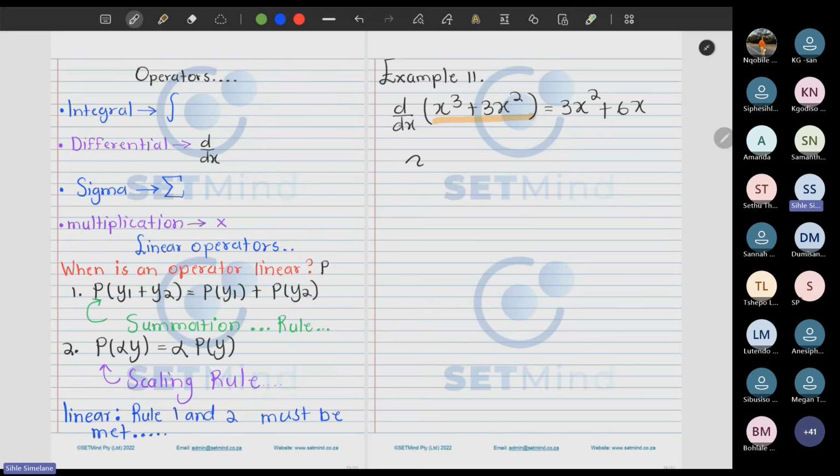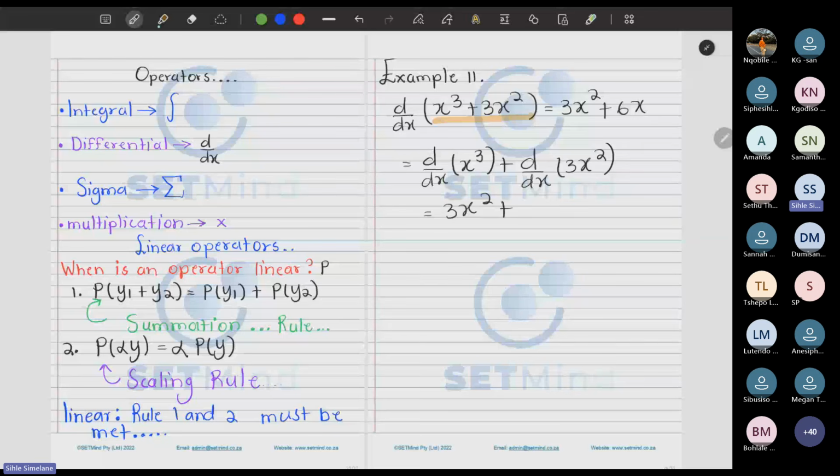But someone else would say, I am going to separate this. I'm going to separate x cubed, derive it by itself, and then derive the other part by itself, as if it's going to make a difference. The first part, when you derive, is 3x squared.